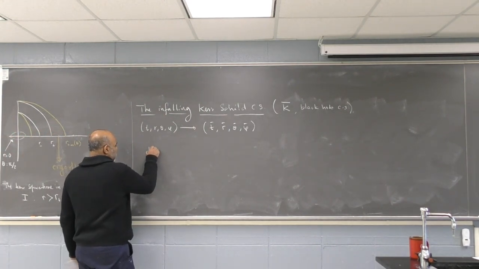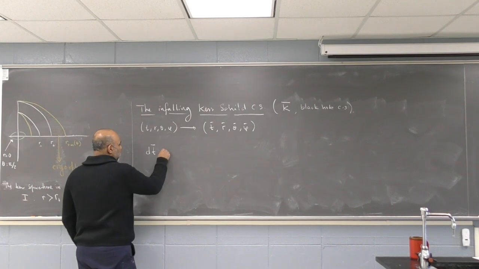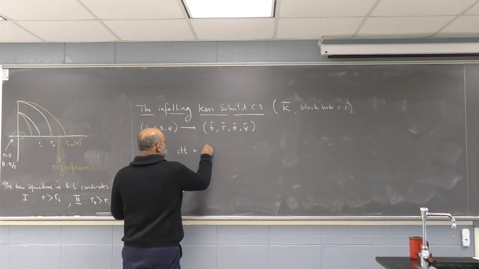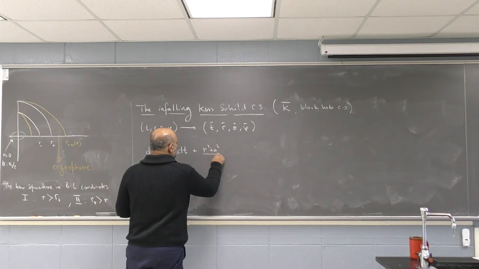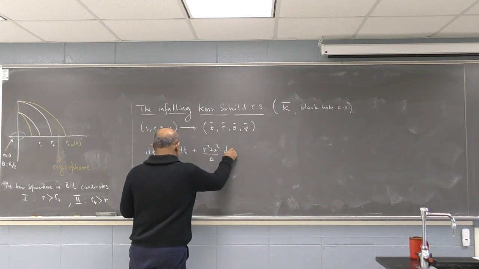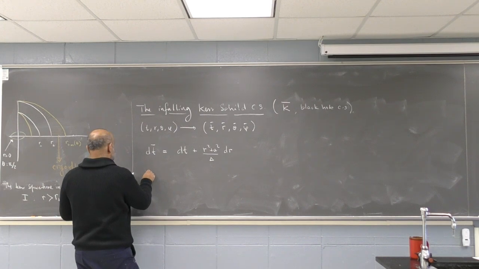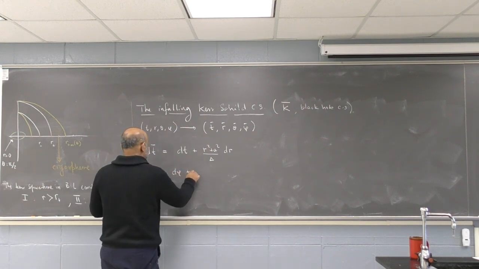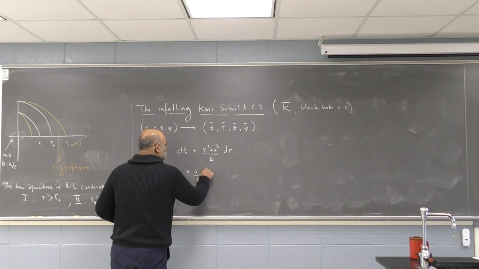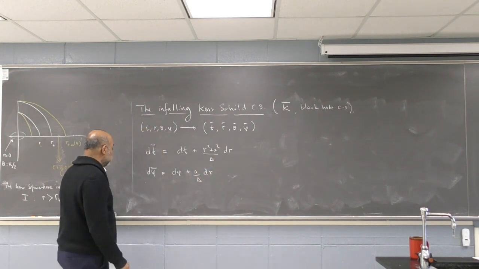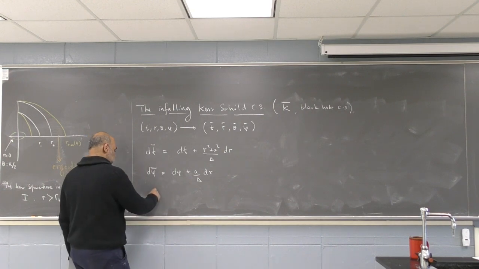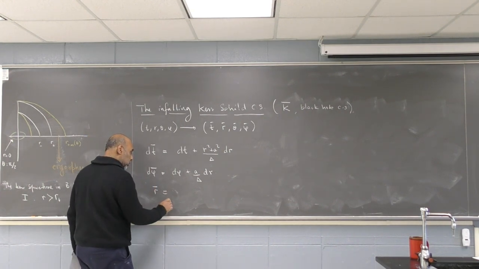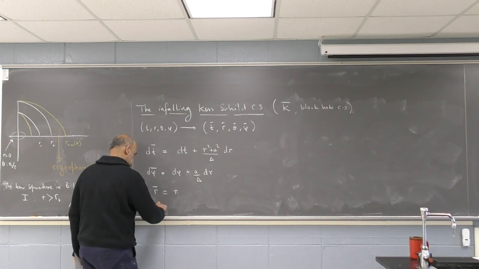Let me give it to you in this form: dt-bar is defined as dt plus (r² + a²)/Δ dr, and dphi-bar is dphi plus a/Δ dr. This is just the definition.